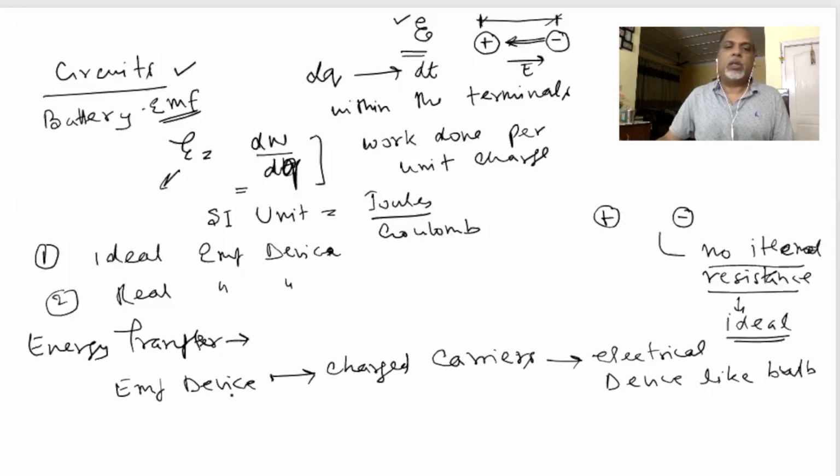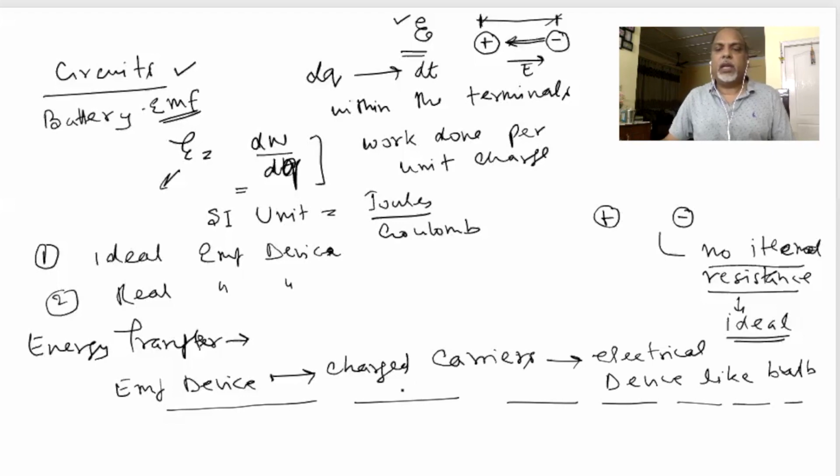So this is how the process takes place. Your EMF devices do the work, and due to this, these charge carriers flow into the electrical devices, and due to that, whatever electrical device there is, like a bulb or fan, they move, they glow.